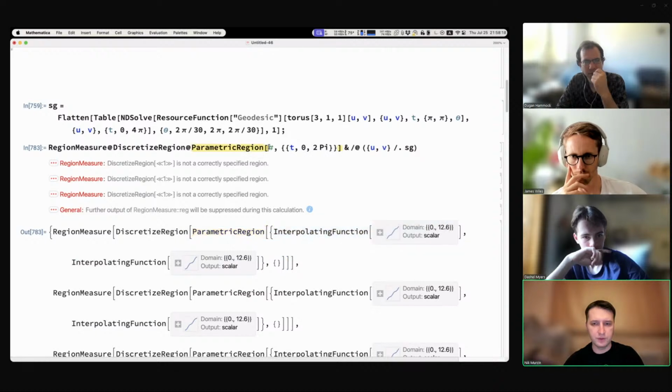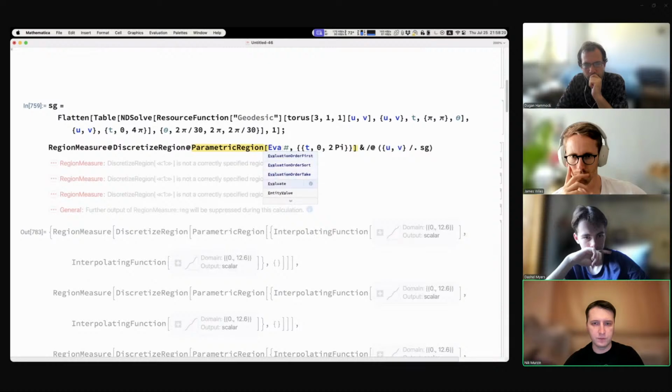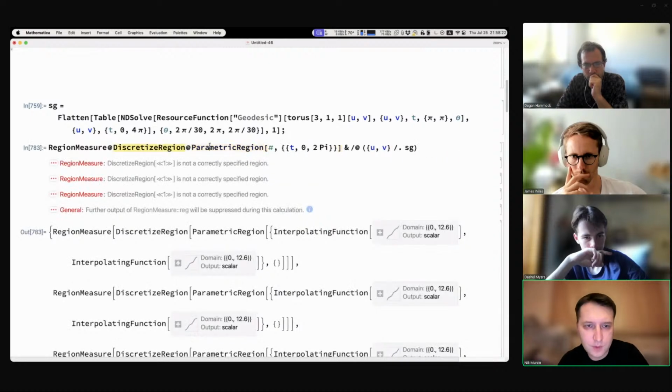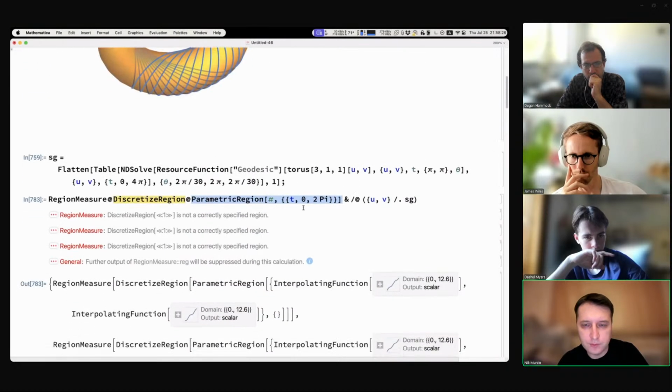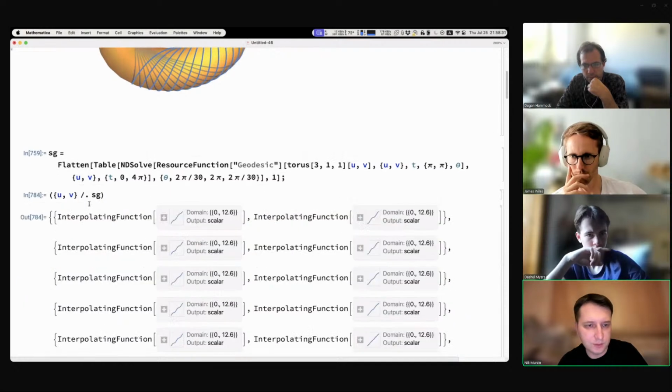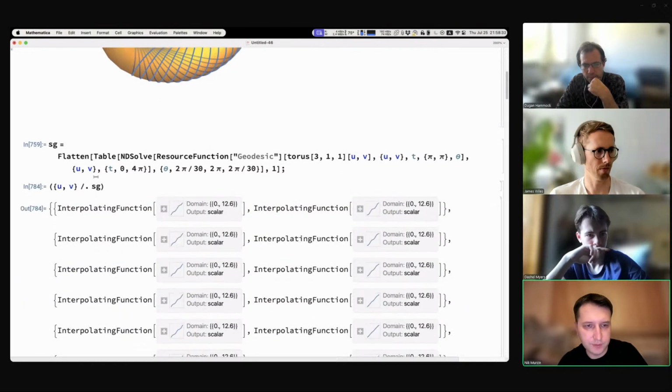What am I doing wrong? It just returns a list of pairs. Oh, it's not T.